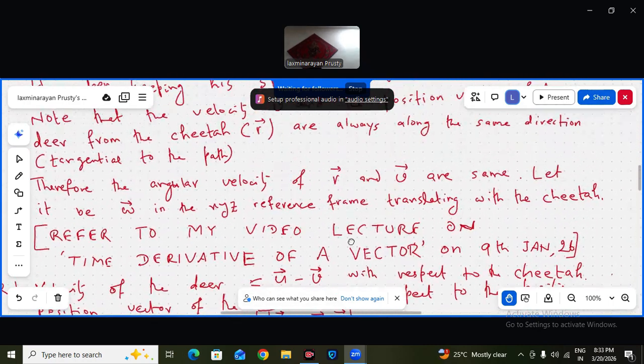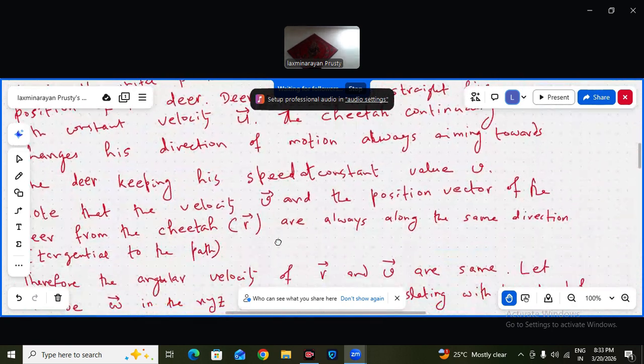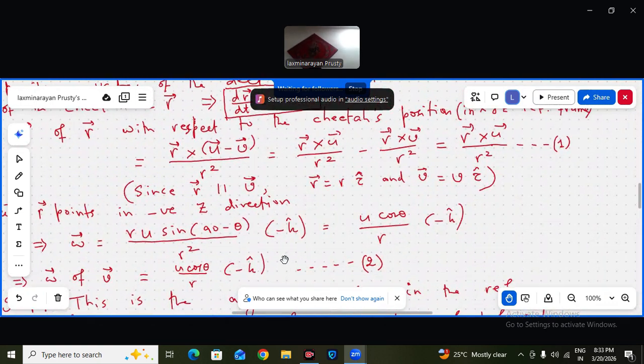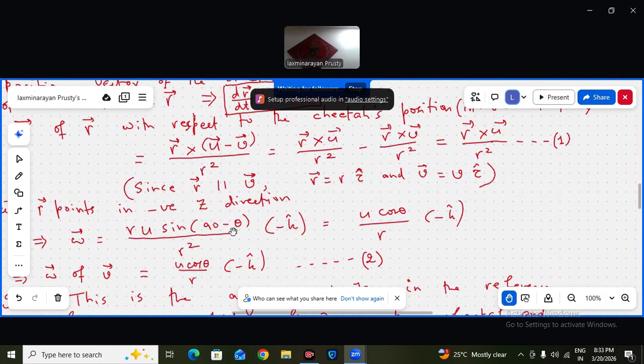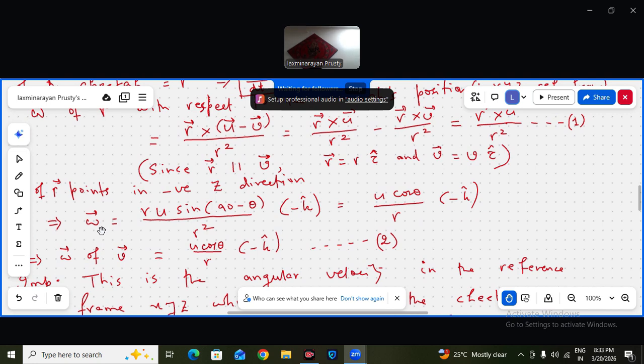In which direction? This is r bar, this is u bar, the cross will be into the plane, so that will be minus k cap. That's exactly what I wrote here: r u sine 90 minus theta, minus k cap, by r square. So u cos theta by r in the minus k cap direction. This is your omega bar.